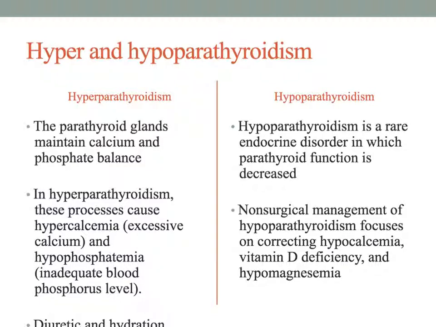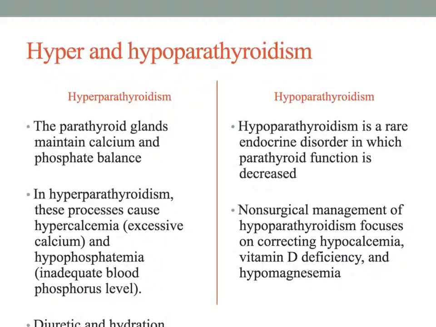Causes of hyperparathyroidism may be primary hypertrophy of one or more of the parathyroid glands. It may be as a result of chronic renal failure or other body system failures. There is a rare occurrence of a parathyroid carcinoma which could cause this to occur.